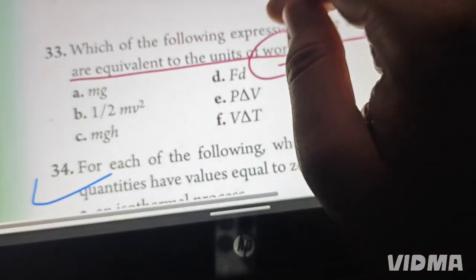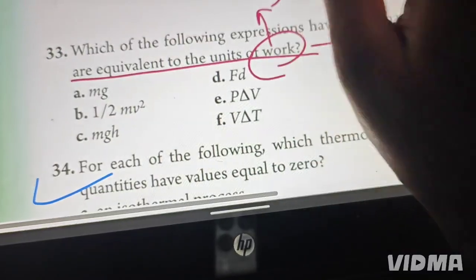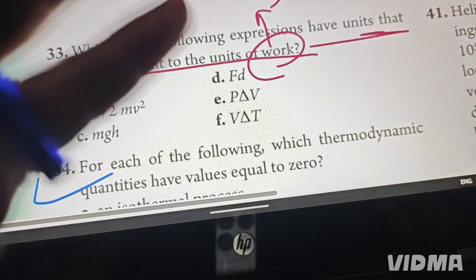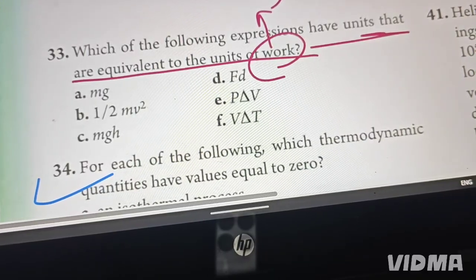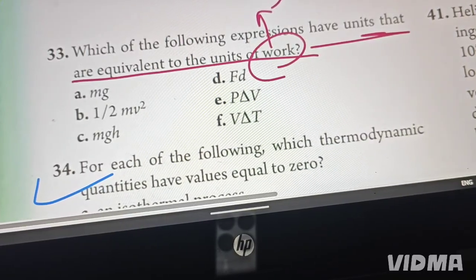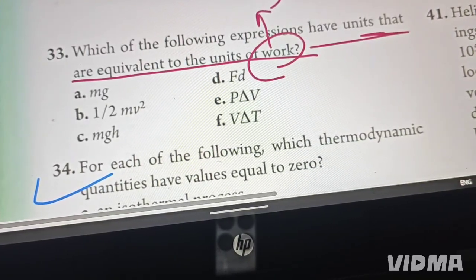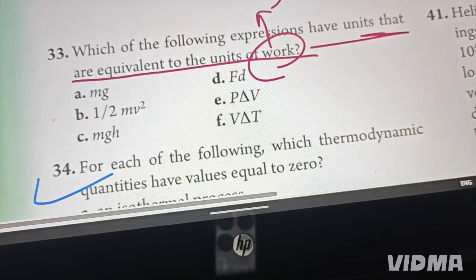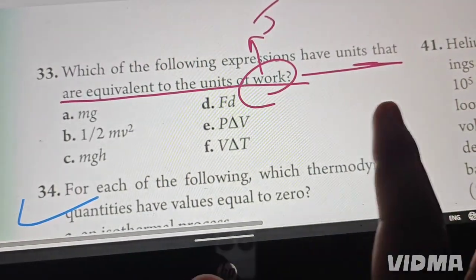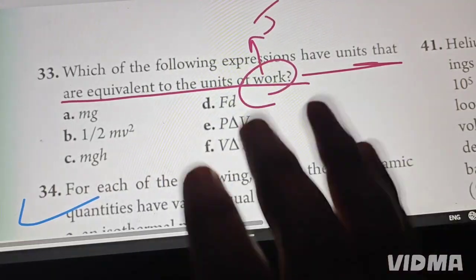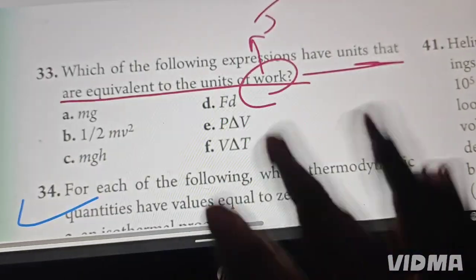First of all, we have to know that the unit of work is joule. So which of the following expressions have the same unit as work?